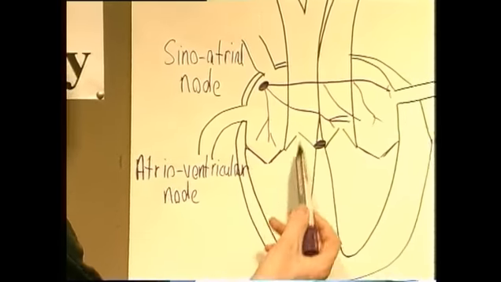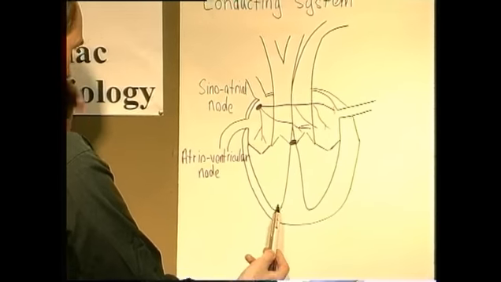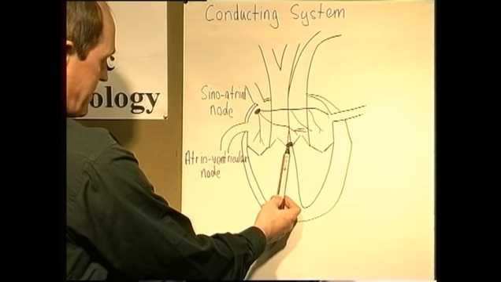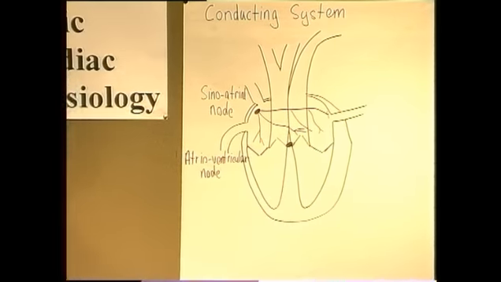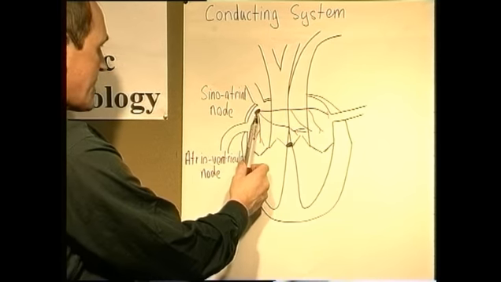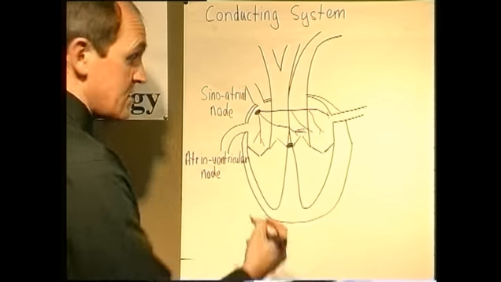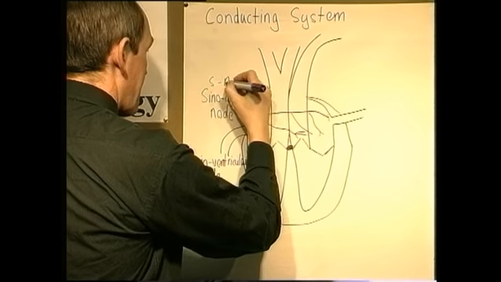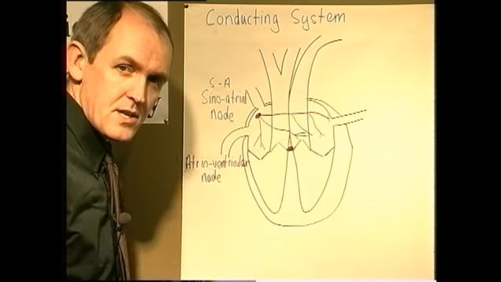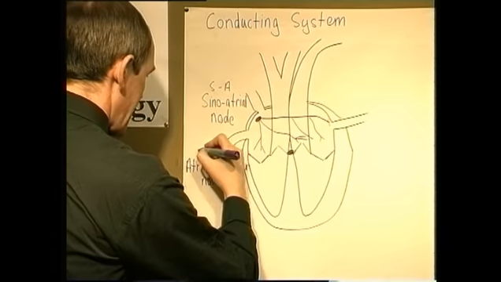The only way that the electrical impulse can get from the atria through to the ventricles is via this node. So notice we've got the sinoatrial node, often just referred to as the SA node, and the atrioventricular node, often just referred to as the AV node.